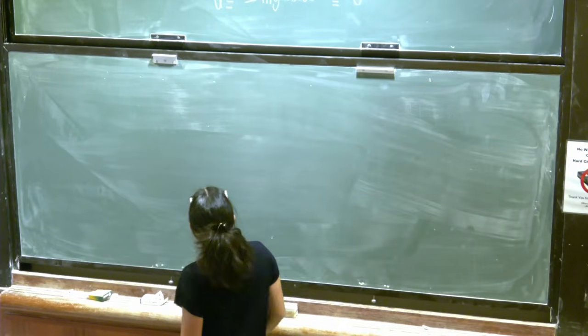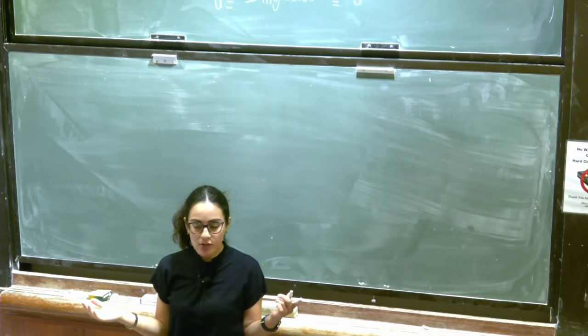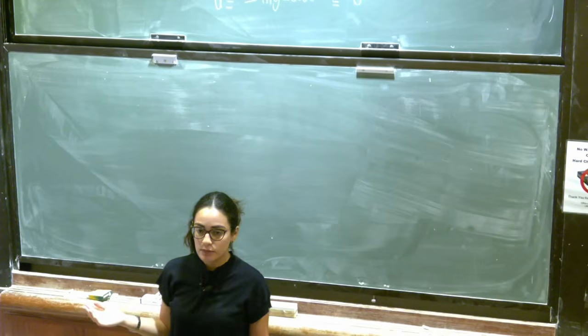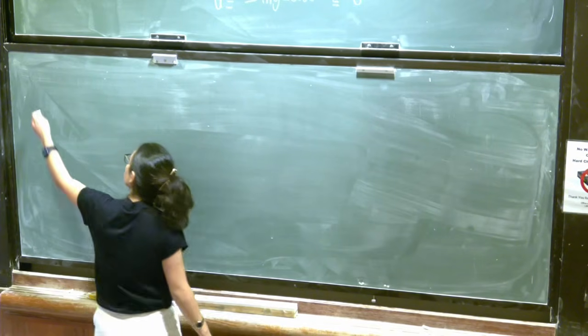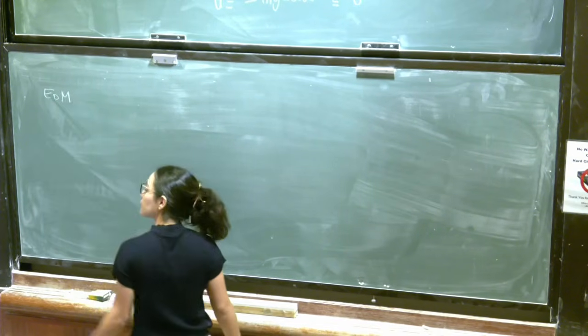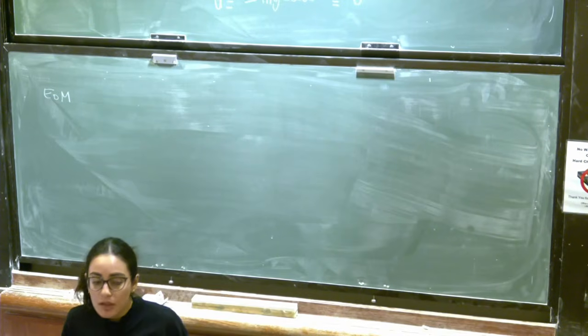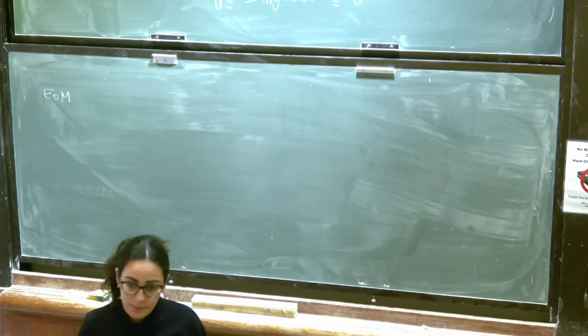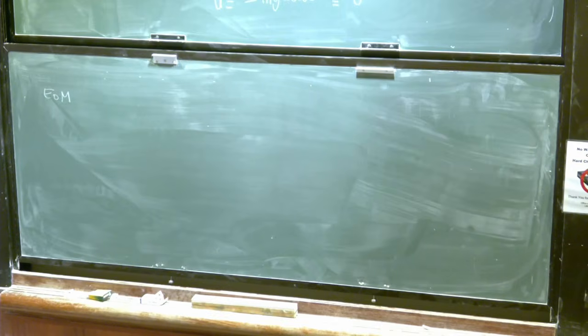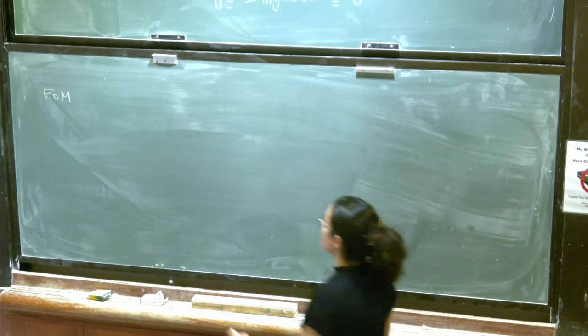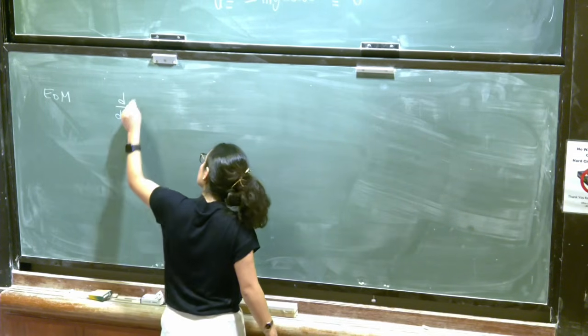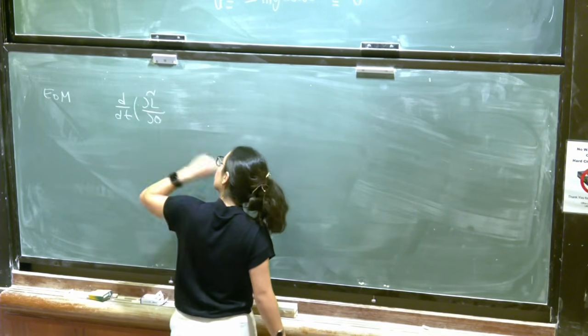Okay, so if I just want to find the equation of motion, what can I do? So d by dt of del L tilde by del U theta, minus del L tilde by del theta.